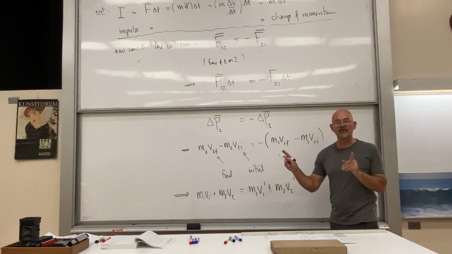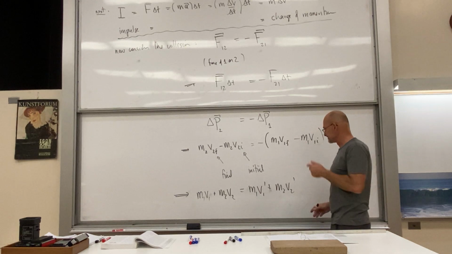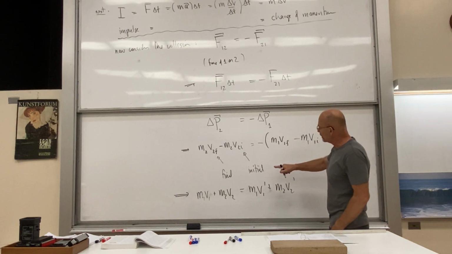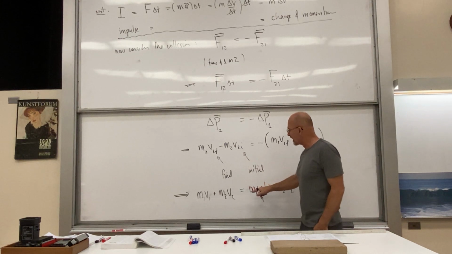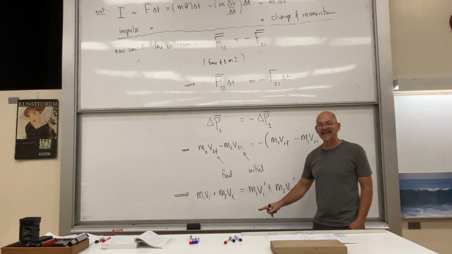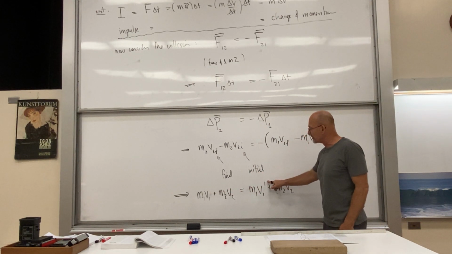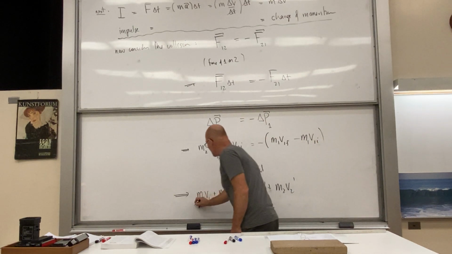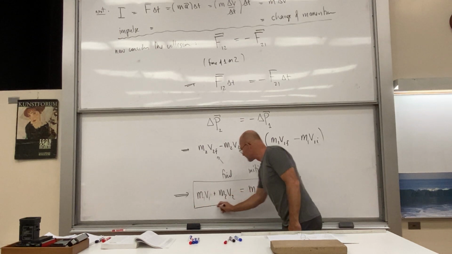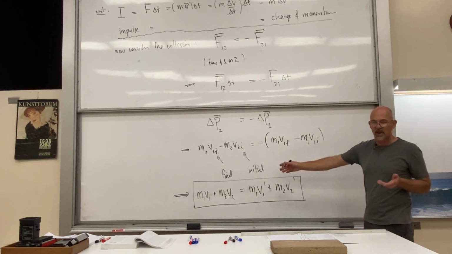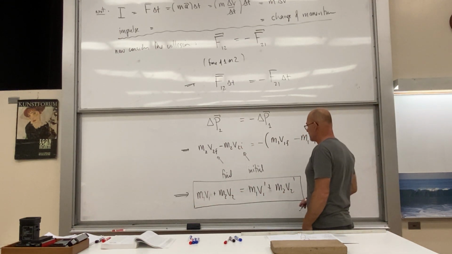I've done two things at once, but I can explain it. What I'm going to do is let the unprimed velocities be initial and the primed ones be final, because it makes it easier when we're writing these things, because we're going to be doing a lot of this equation.